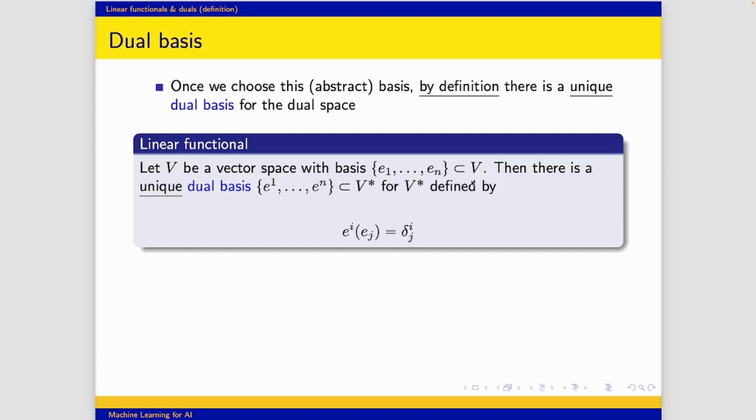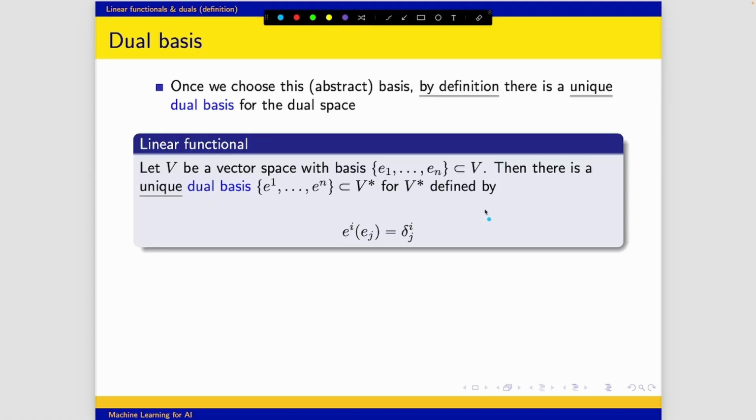And it's defined as follows: one of these, let's say the ith one, acting on one of these, let's say the jth one, is equal to delta ij. And this delta ij is what we call the Kronecker delta. So it means the following.